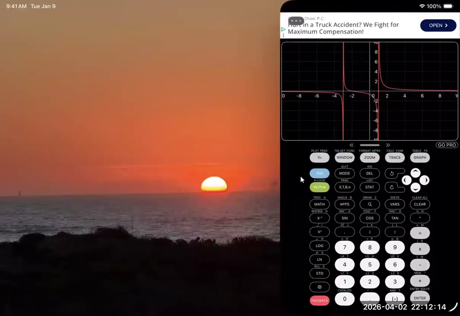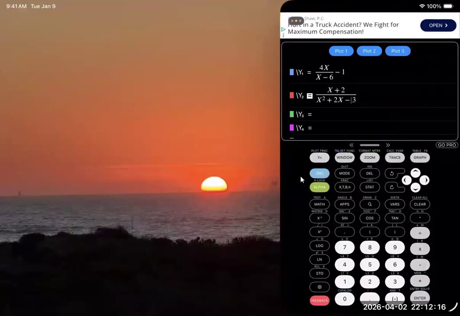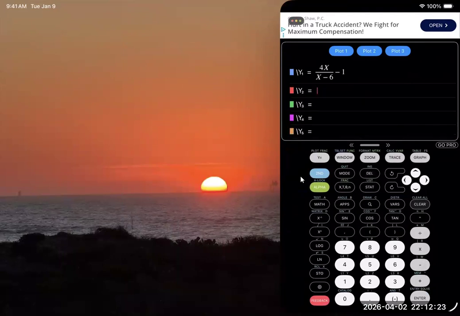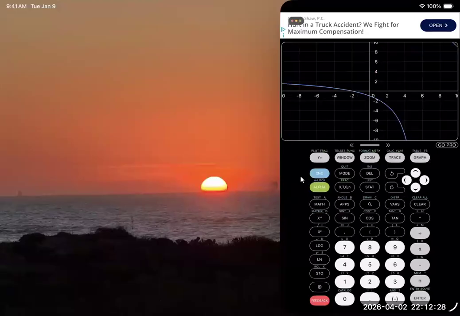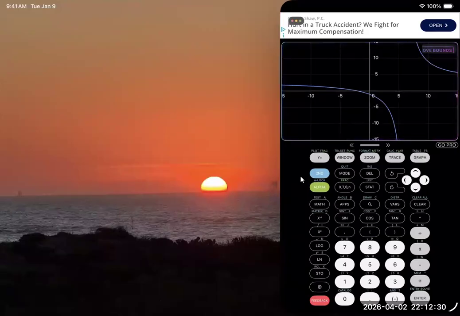As you saw, I have it in the calculator already. So I'm just going to delete this one out. Let me turn this one back on. Graph. Zoom it out a little bit. Notice we have a vertical asymptote on the right-hand side, somewhere between 5 and 10.